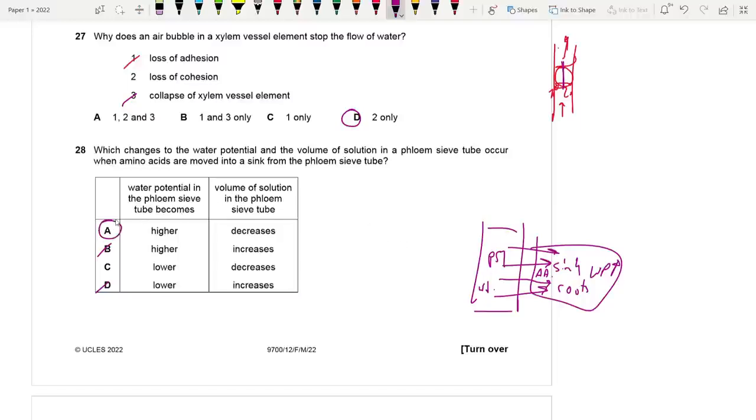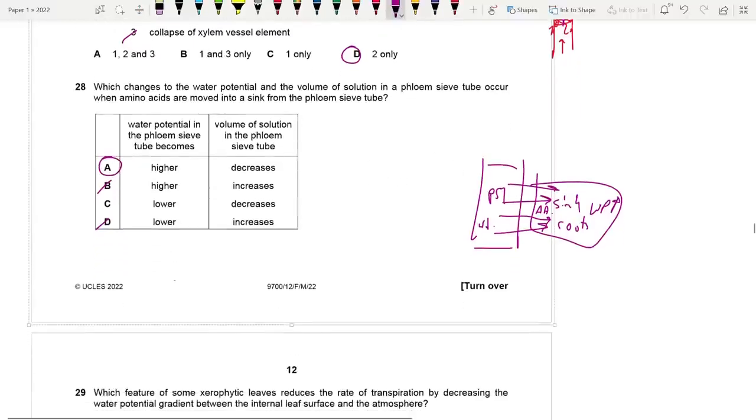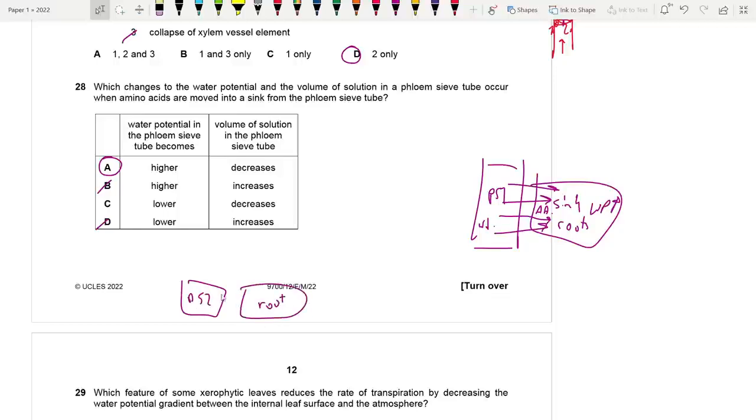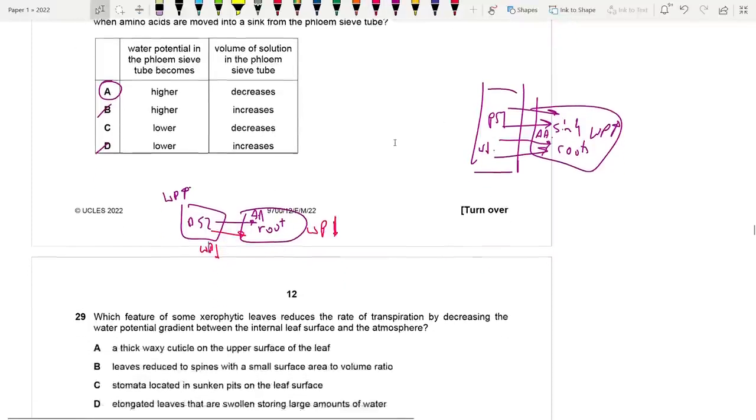Think of it this way: we have the phloem sieve tube, and this is our root, maybe. As we lose amino acids, solutes decrease, so water potential will increase. But since water potential is lower here and higher there, water will follow and go from left to right, and volume decreases. Okay, do you get it?